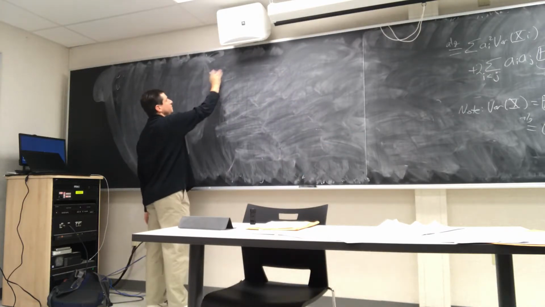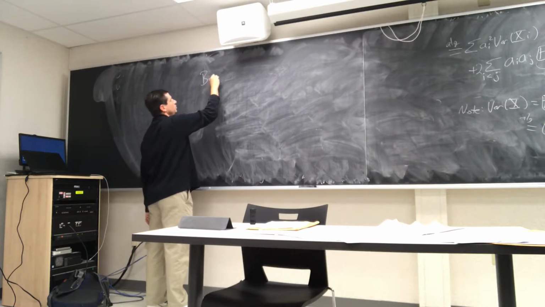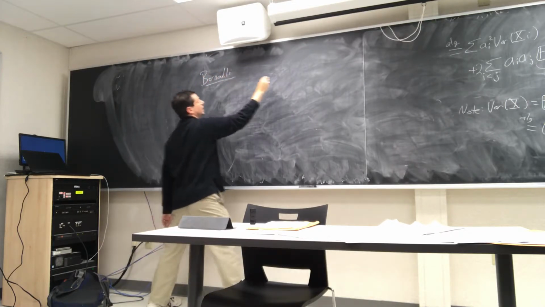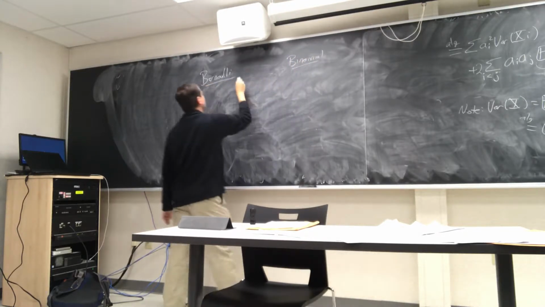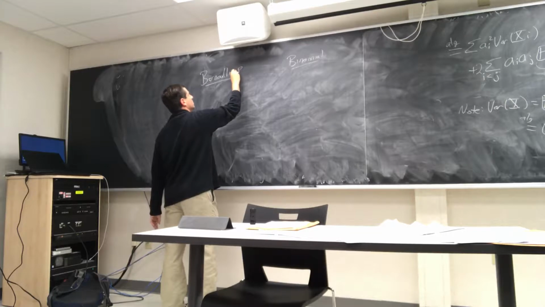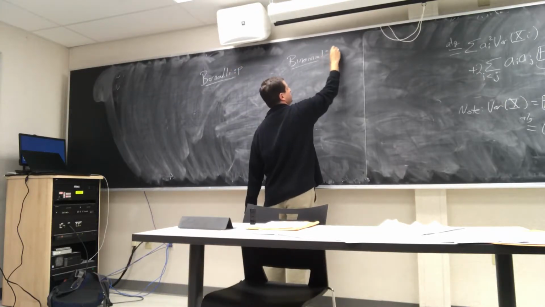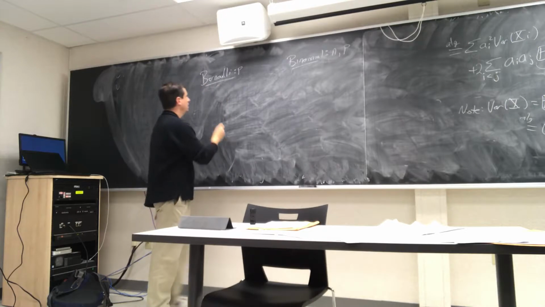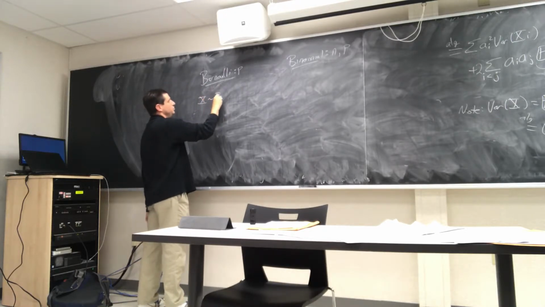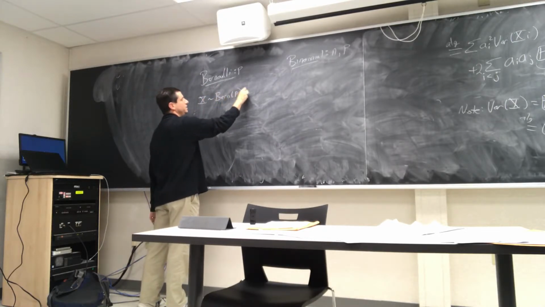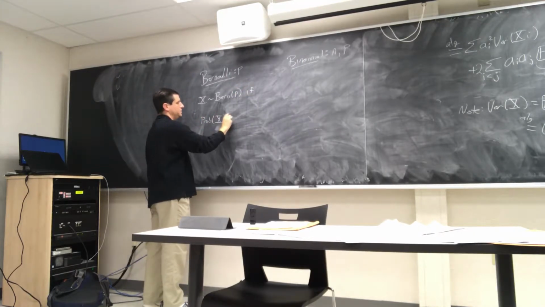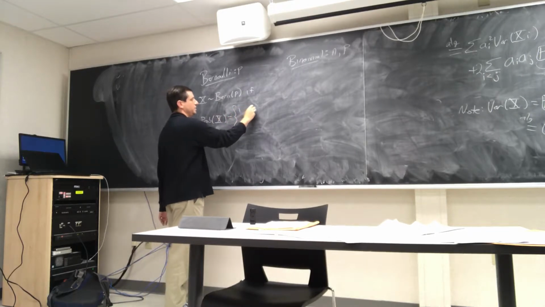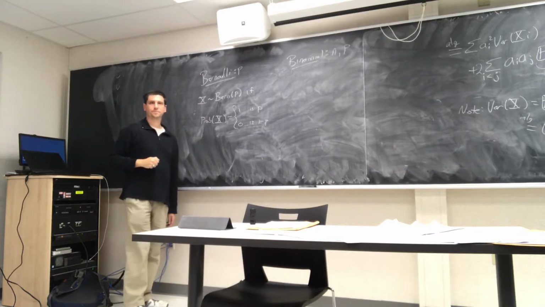All right. So the first thing over here is we have Bernoulli, and over here we have binomial. For Bernoulli, we have a parameter p. For binomial, we have two parameters, n and p. And we say x is Bernoulli with parameter p if the probability x equals 1 is p and 0 is 1 minus p.